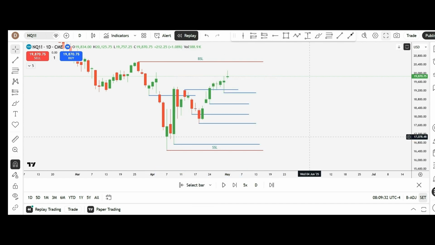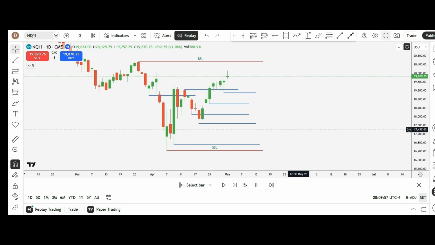Okay, let's consider that this is a so-called range. Why are they so important? Because, as I said, the reaction of the price when it gets there is going to tell me a lot of things about the future trend and how things will evolve in the next few days and weeks.